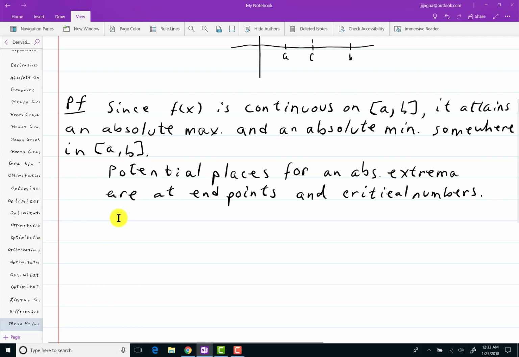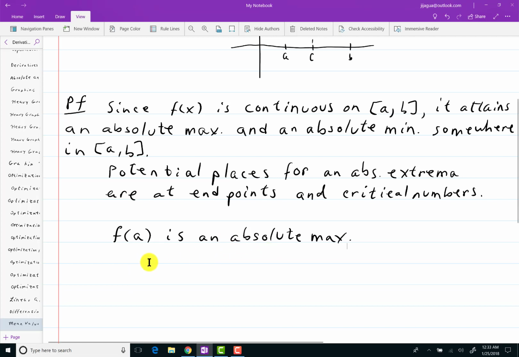So let's start with the endpoints. Let's say f of A is an absolute max.